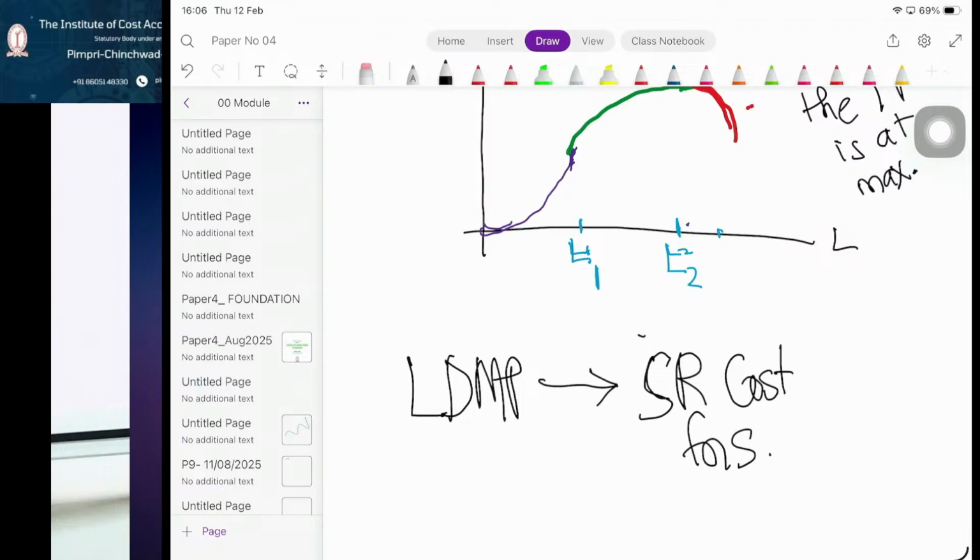We have done the two laws of production. One relating to the long run production function, which is called returns to scale, and the other law which we have done is called the law of diminishing marginal product, or the law of variable proportions. Okay, with this I will stop.